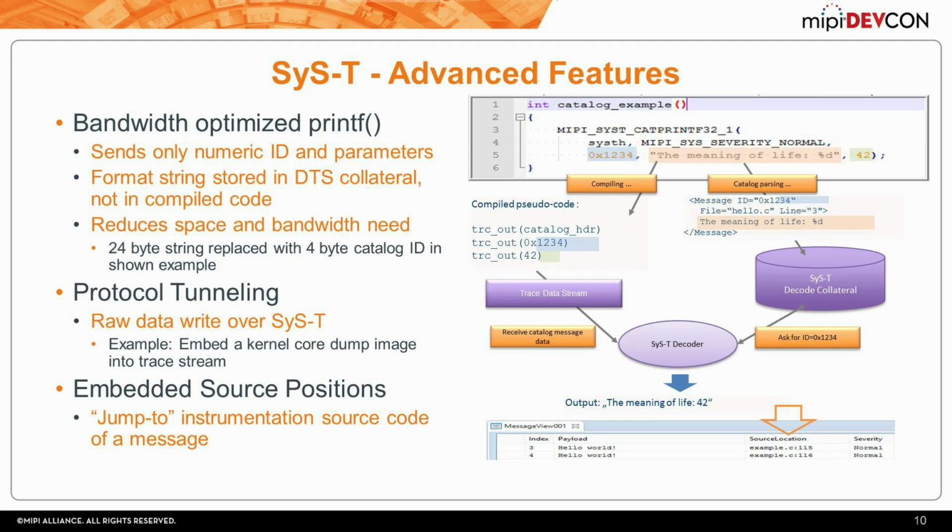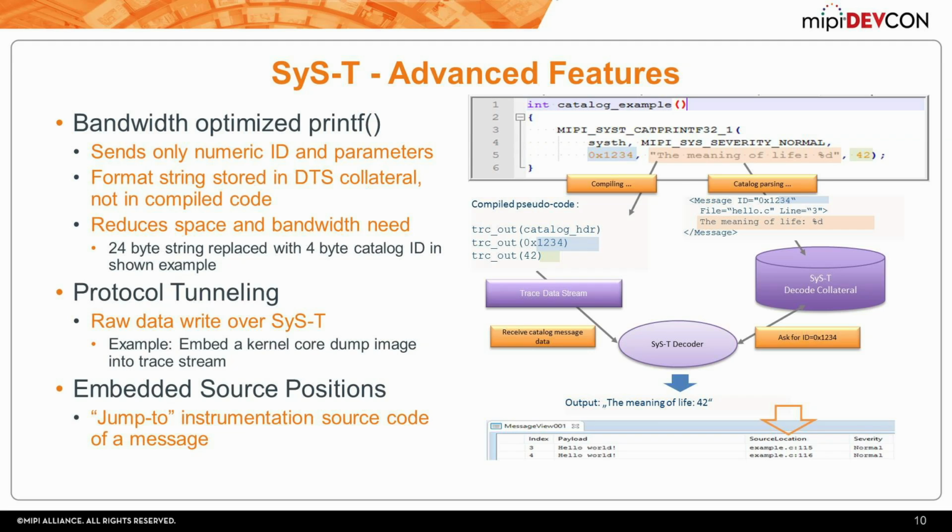And by utilizing this static information, we can reduce the compute and bandwidth needs that the trace has on the device if you can't afford much CPU or space for debug instrumentation. And I have an example on that later on.